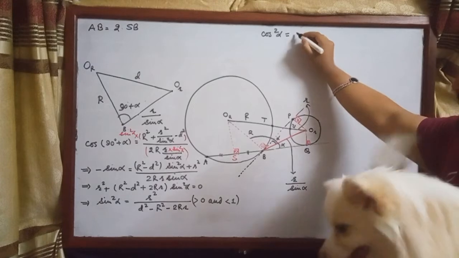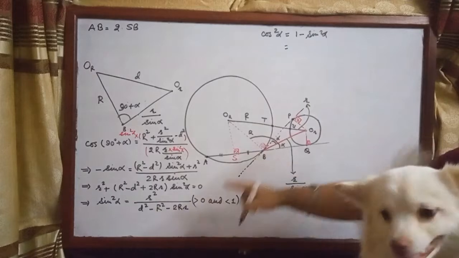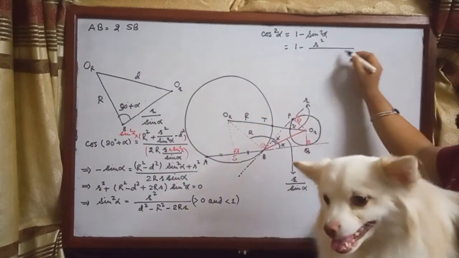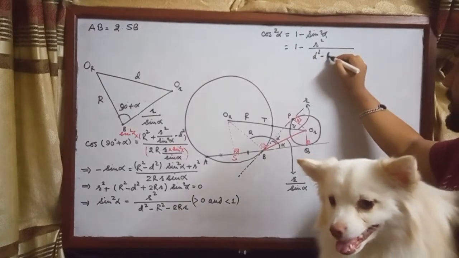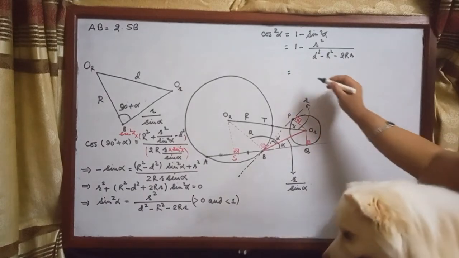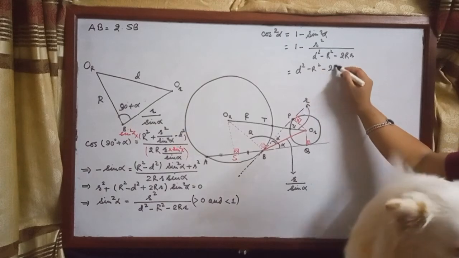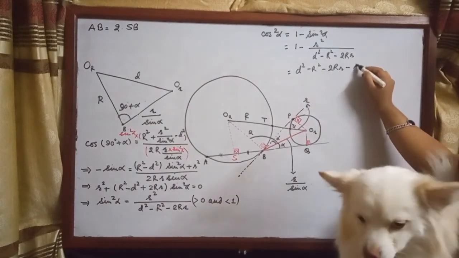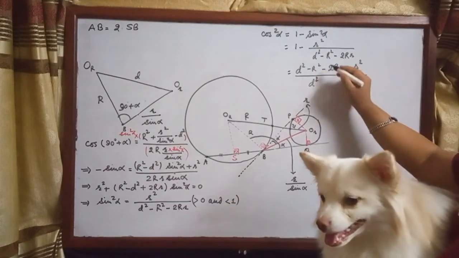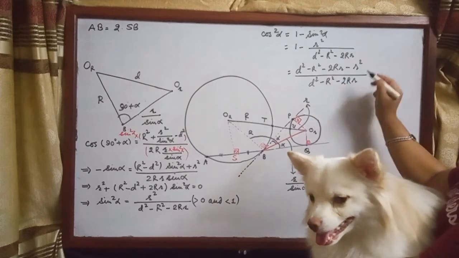So this is 1 minus sine squared alpha, which is equal to 1 minus r squared by d squared minus R squared minus twice R r, which is equal to d squared minus R squared minus twice R r minus r squared all over d squared minus R squared minus twice R r.